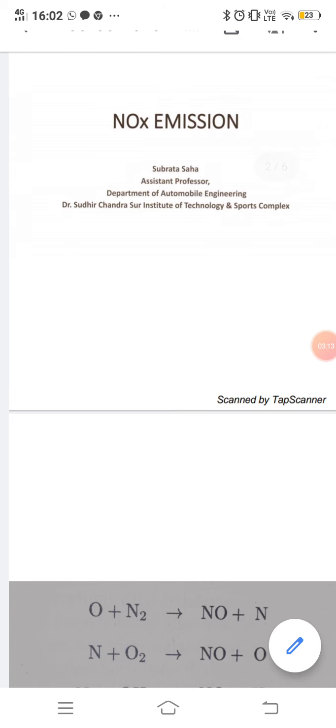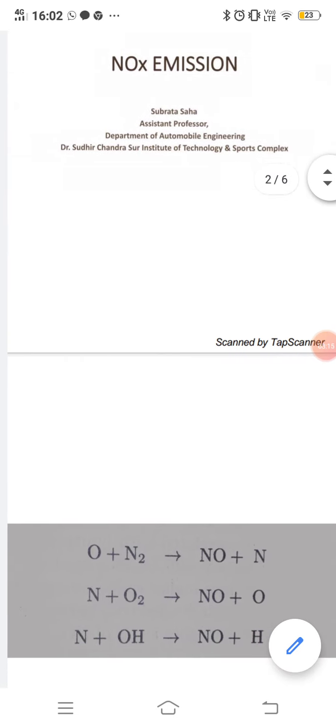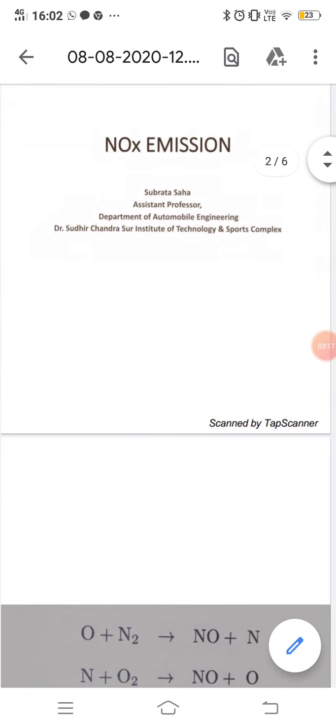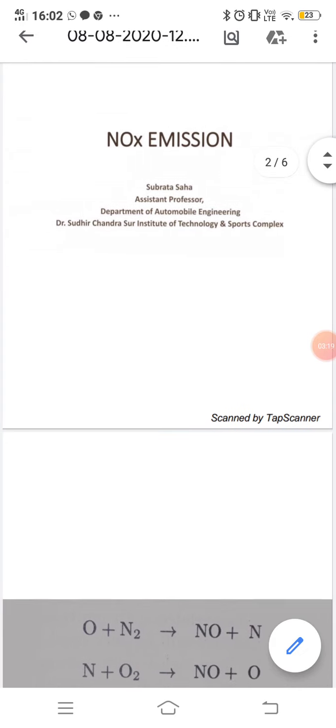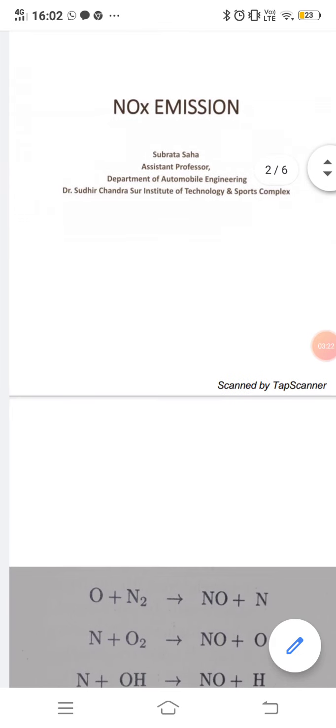So we have to reduce the NOx significantly, so that not much of it is emitted from the vehicle.